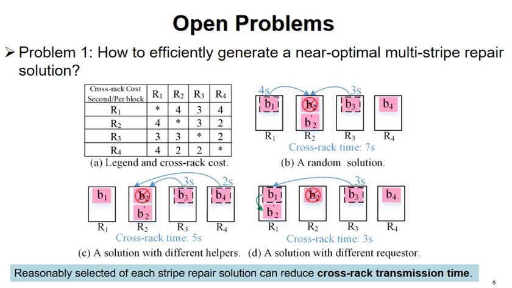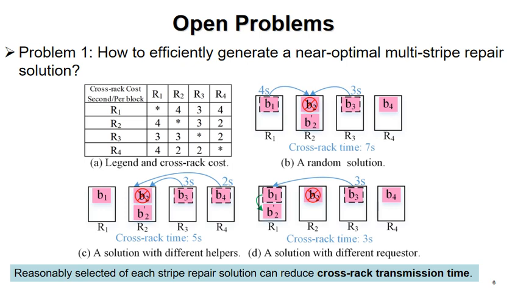Given the importance of the cross-rack transmission, we identify two open issues still existing when reconsidering the multi-stride failure repair problem in rack architecture. We first noticed that the repair solution, which specifies the helpers to read and the requester to store the repaired data, determines the cross-rack transmission time.